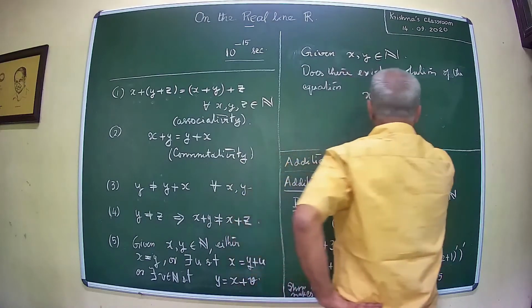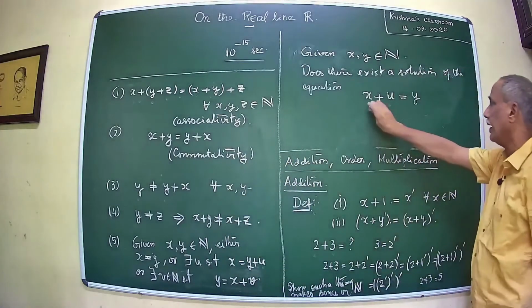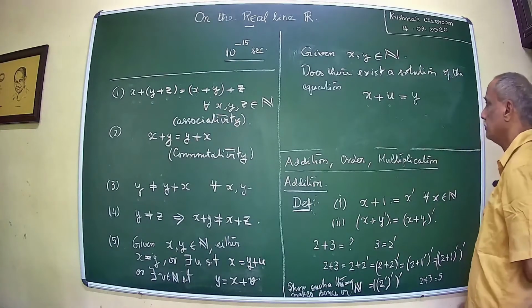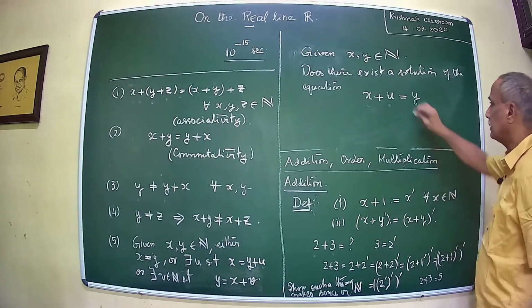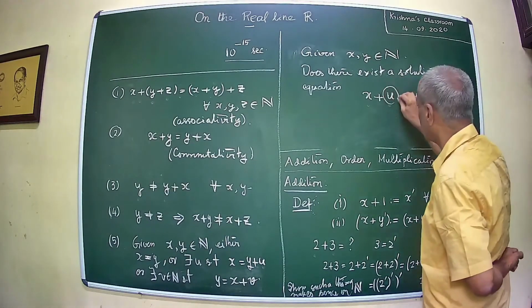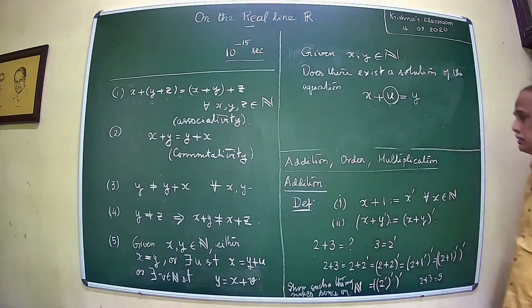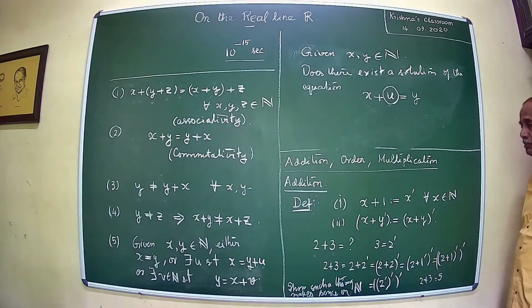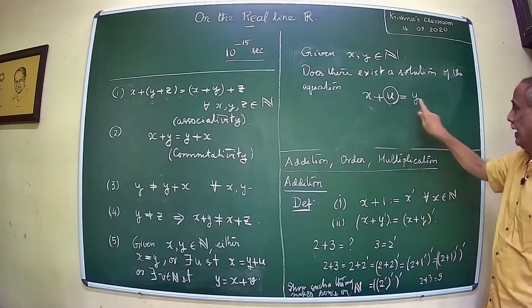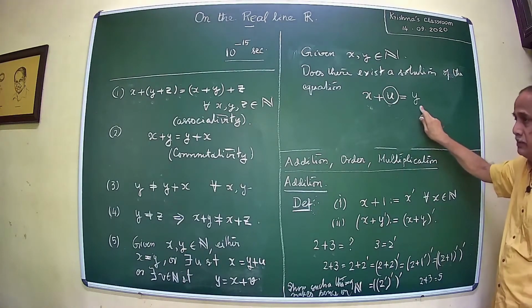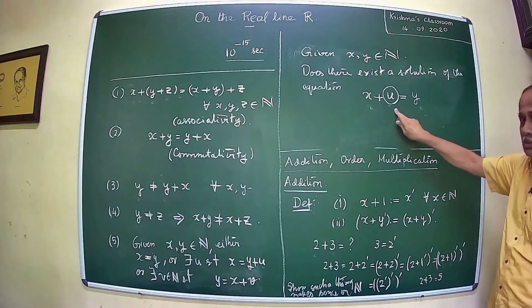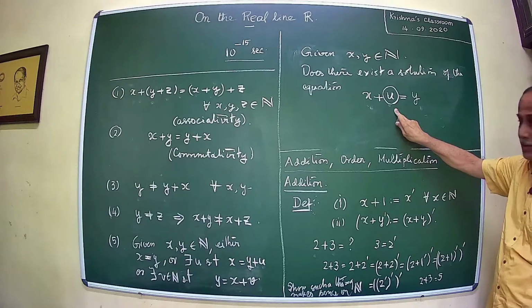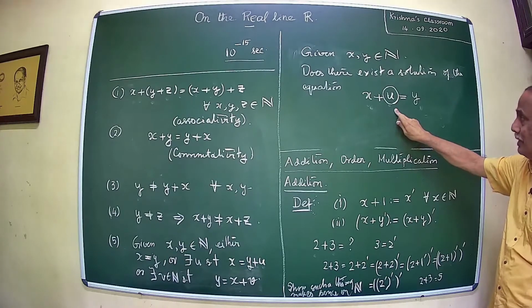You don't know U, you are given X and Y. Okay? Does there exist a solution? What you know right now is that in n, given X and Y arbitrarily, sometimes there is a solution. Not always. Okay? Right?